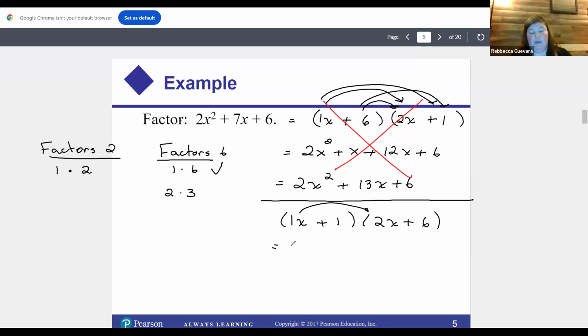So 1x times 2x is going to be 2x squared. 1x times 6 is going to be 6x. 1x plus 2x is going to be 2x. And then 1 times 6 is going to be 6. Okay, so at this point, this did not work either.